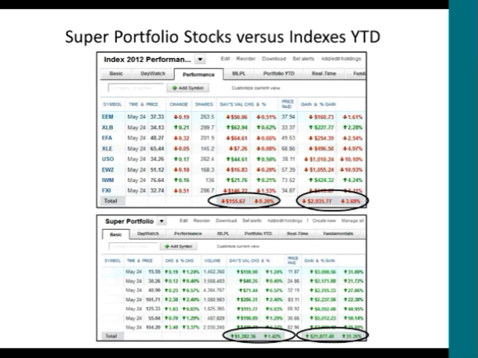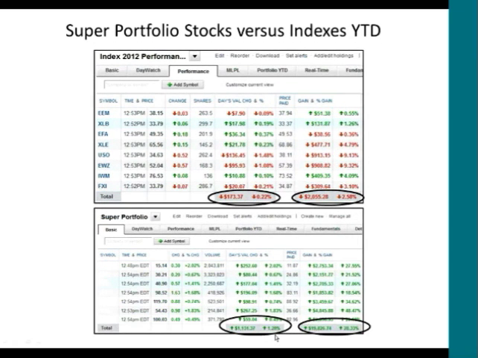Now every day is not like this. Sometimes these indexes will get pretty oversold, and they'll snap back, and there will be days where the indexes have a higher return than the super portfolio stock, but normally you can see the super portfolio stock will outperform these indexes.